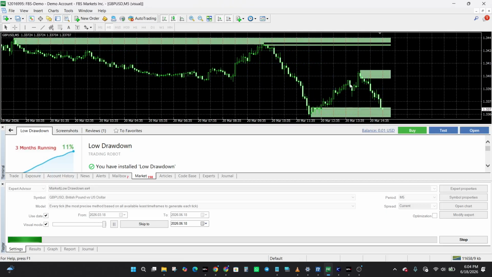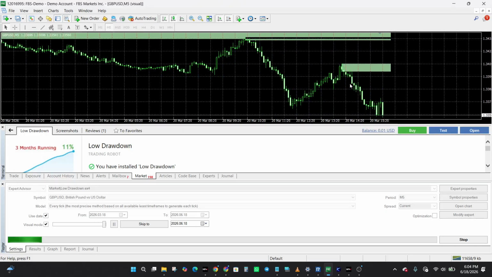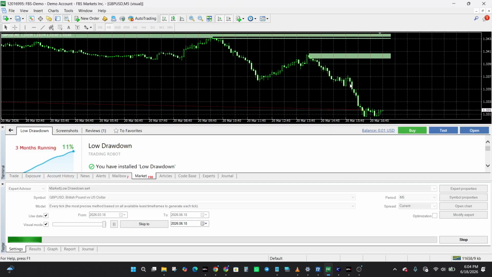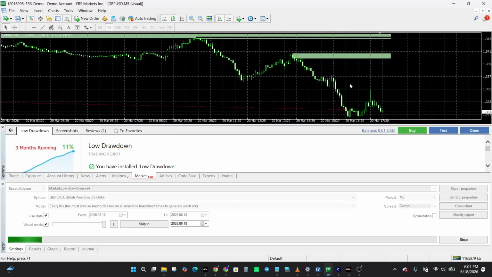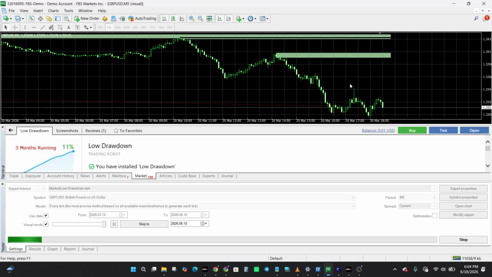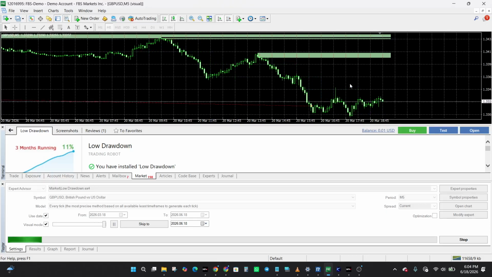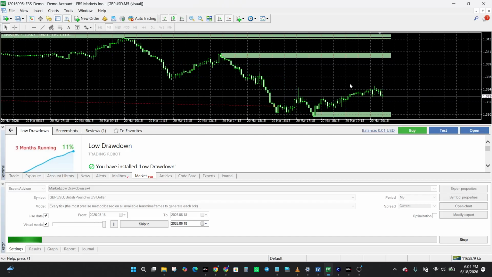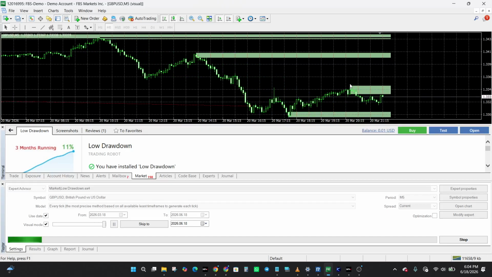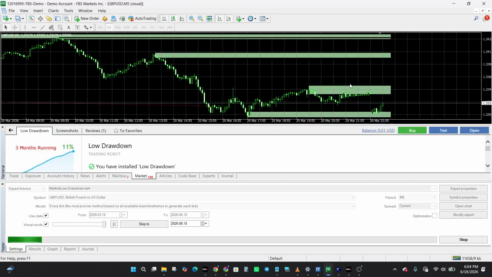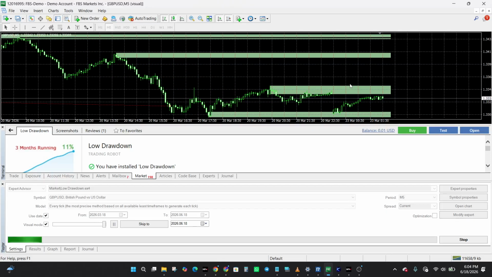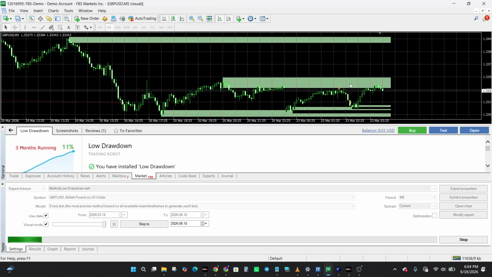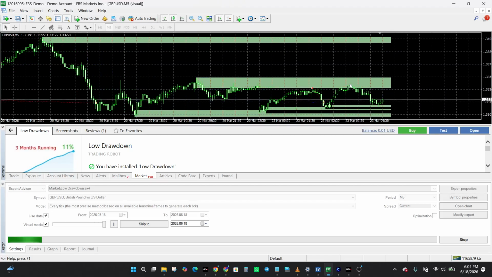Overall, the Low Drawdown EA presents itself as an MT4 expert advisor focused on identifying order block opportunities while incorporating a news filter and a low drawdown philosophy. As always, I recommend testing the EA thoroughly on a demo account first, reviewing its behavior over an extended period, and performing your own optimization before considering any live deployment.